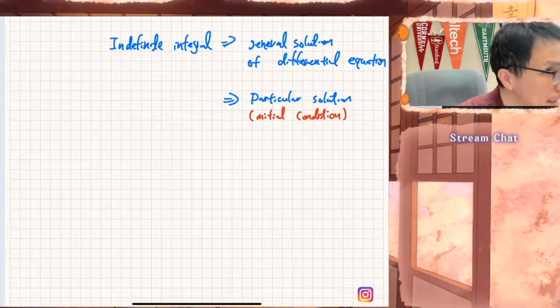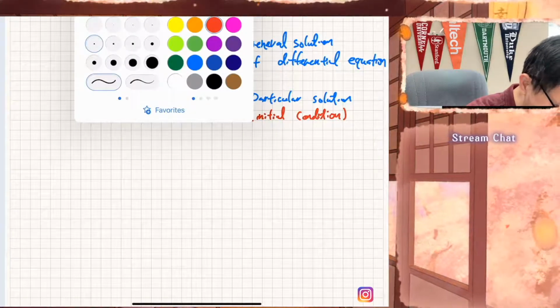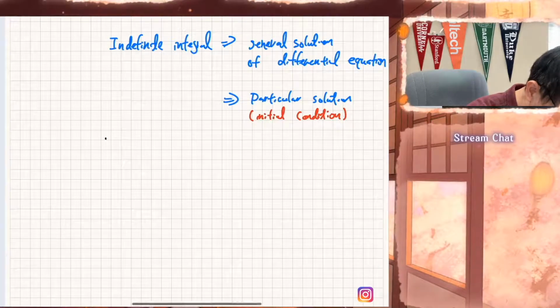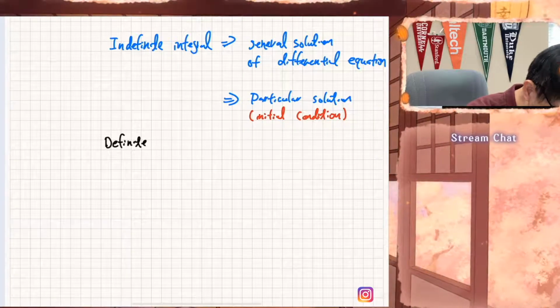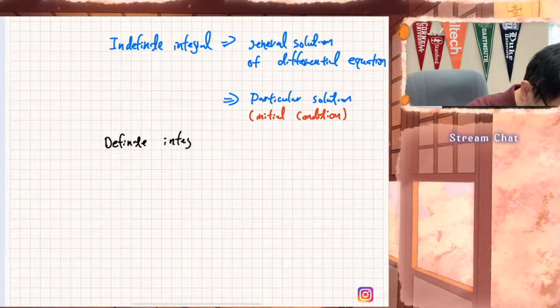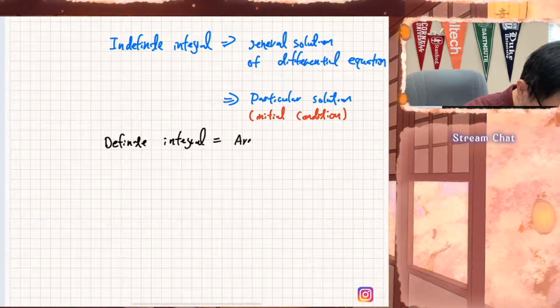Now, what is a definite integral? Okay, what is a definite integral? That is also something we want to pay attention to. Well, a definite integral is equal to the area under the curve.